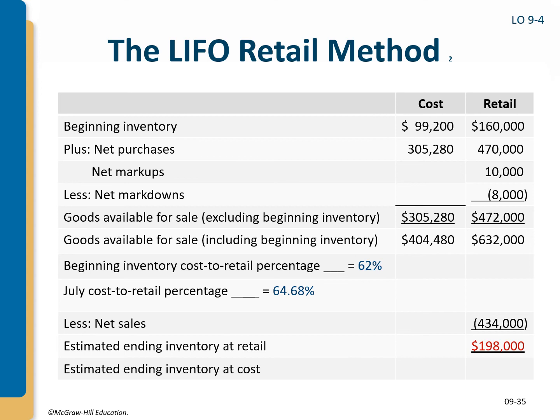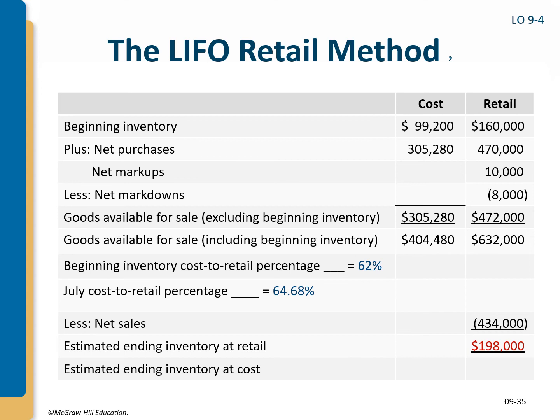Now remember, this is LIFO. Then we'll calculate a cost to retail for the purchases during the year. So the cost of our net purchases, $305,280. The retail of our purchases, $470,000, plus net markups minus net markdowns, $472,000.